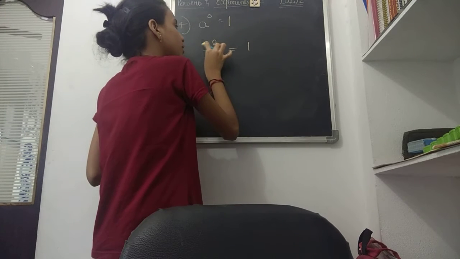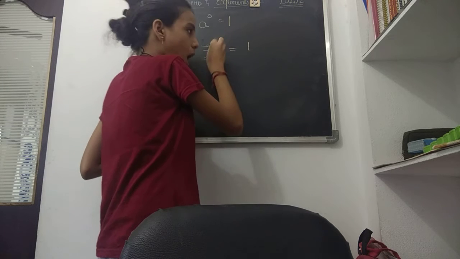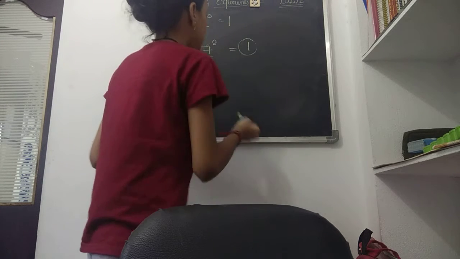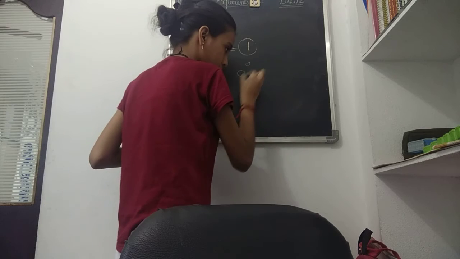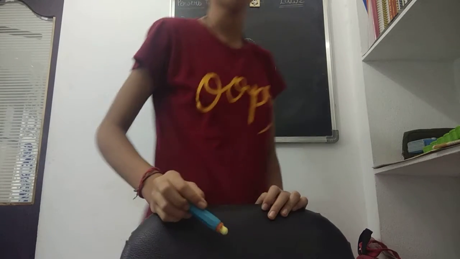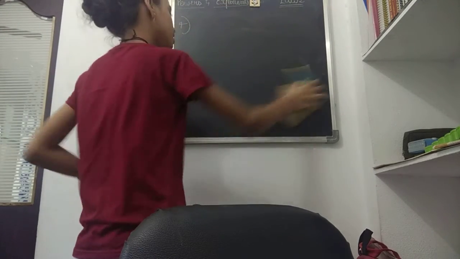No matter if 7 is there, or 100, or 1000, that value will go to 1. So remember that any number raised to the power of 0 becomes 1. Okay, this is an easy law to remember, and your simplification can be done without solving the sum.